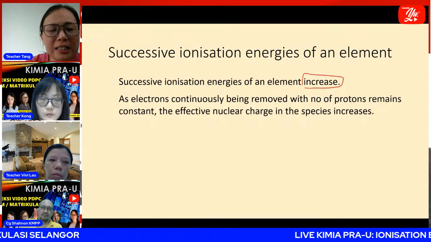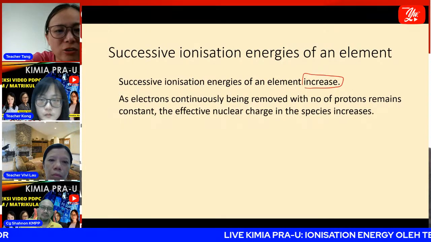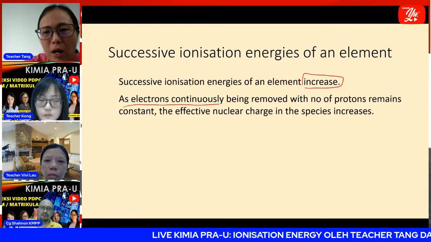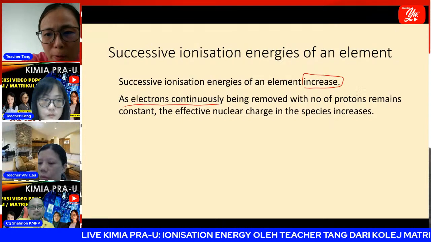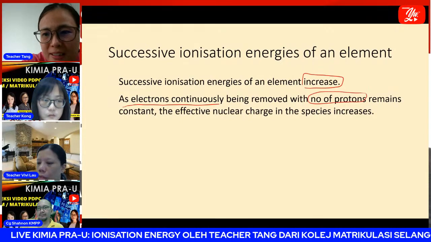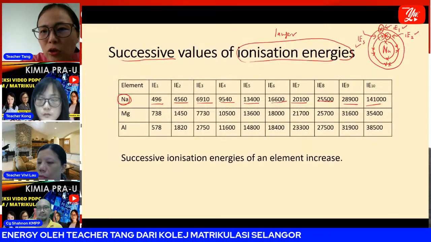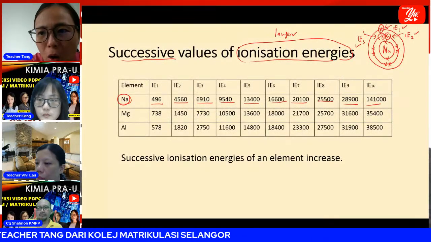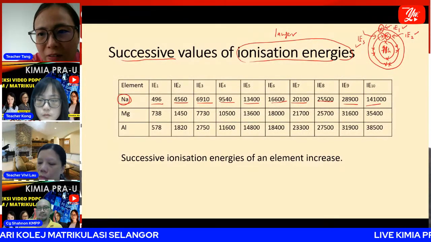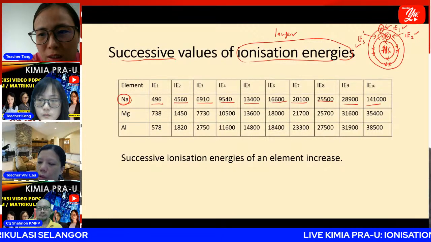Why? It is because as electrons are continuously removed, the number of protons of the species still remains constant. For example, the sodium just now always has 11 protons inside the nucleus.